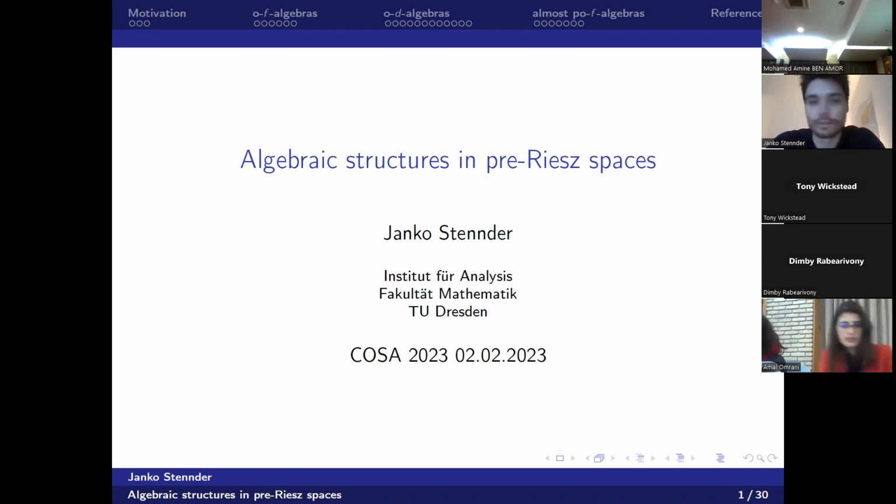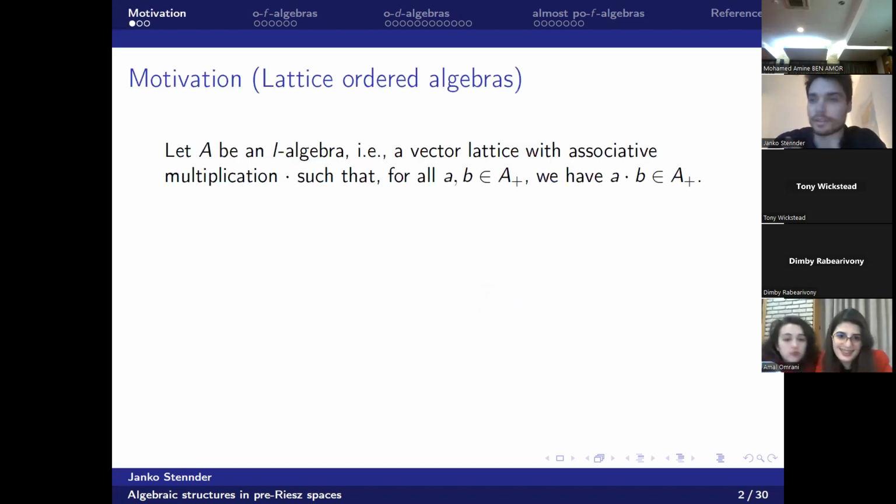And I want to focus on algebraic structures. So I want to motivate my topic by presenting you some things you know from vector lattice theory, and especially lattice ordered algebras.